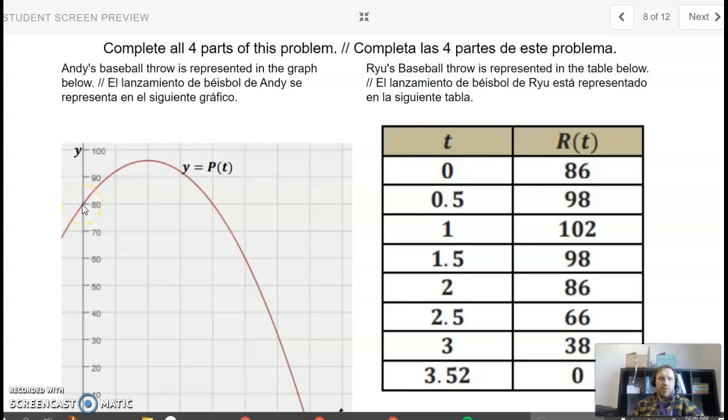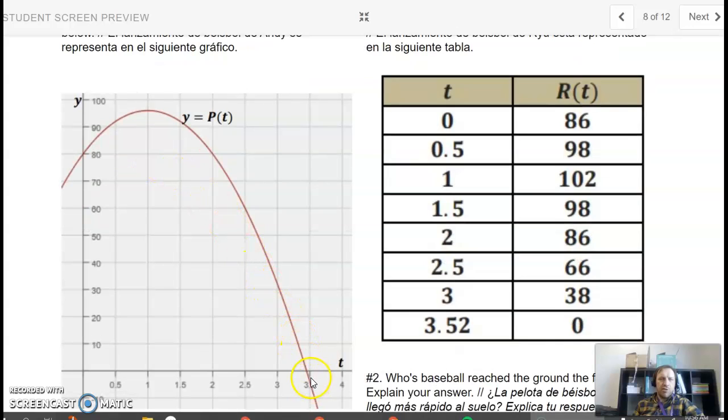Here Andy starts throwing the ball from 80 feet and he throws it up to about 90 feet maximum, and then it comes down and hits just before 3.5 seconds. Throws the ball, 3.5 seconds later it lands on the ground, or just about. Ryu starts 86 feet up, so if he was on this same scale here, he'd be 86 feet up.